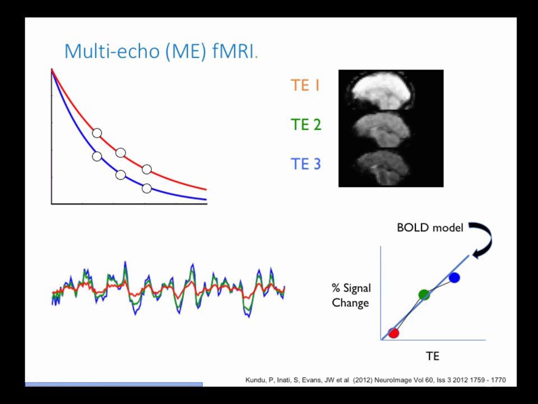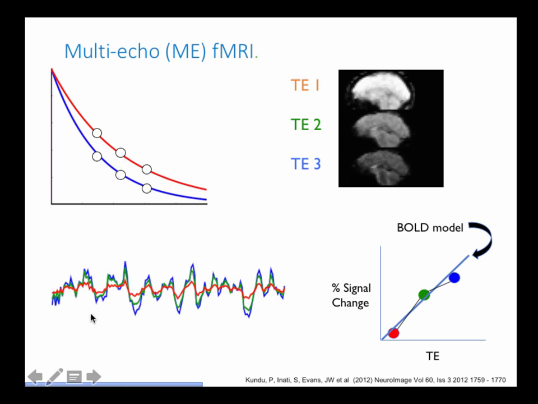It turns out that BOLD has this nice property that it scales with the time at which we measure it. That time is called TE. Normally we get a single image per scan. Instead, we can get 3 brain images, and we end up with images that have slightly different contrasts because they're sampling this contrast curve at different locations.